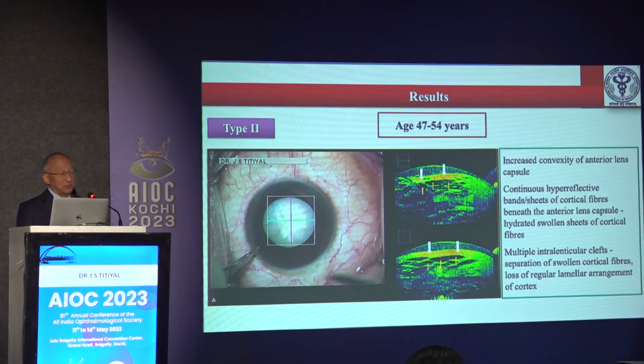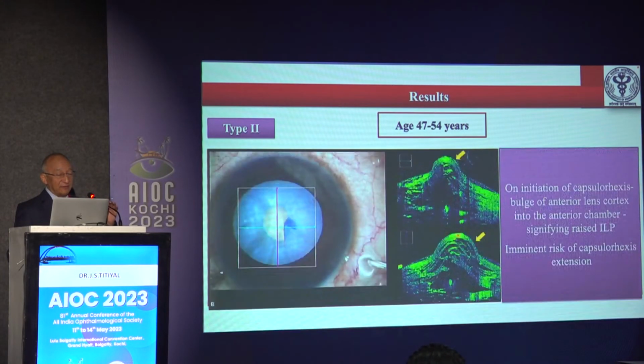This is type 2. We can see here you have a little convexity. You have sheets of hydrated cortex that can be visualized going from one extent to the other, and you can see it is thick. And all these clefts are beneath that hydrated cortex. You can imagine in this case what will happen: as soon as you make a nick, no fluid comes out because this cortical fiber prevents fluid from coming out. Pressure still remains there.